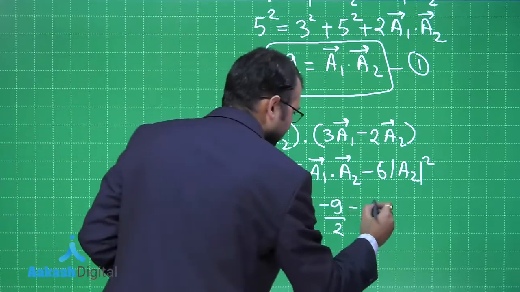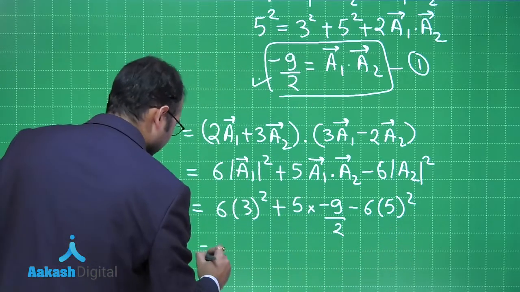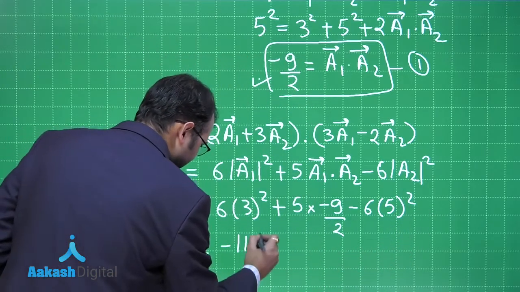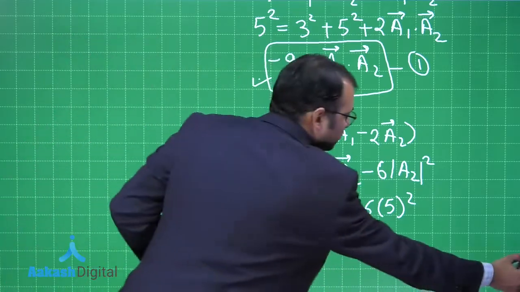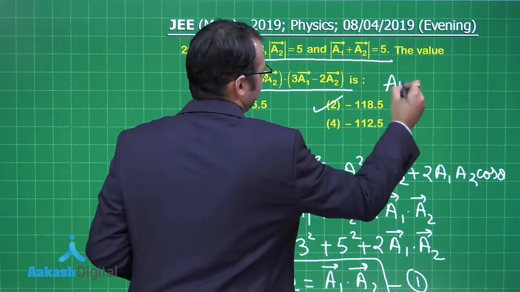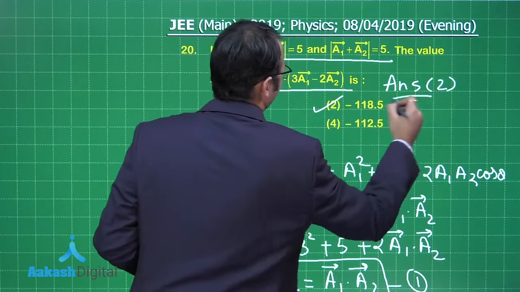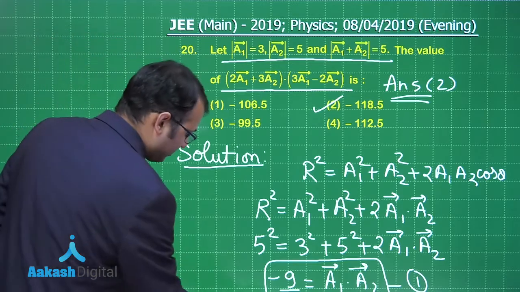And then minus 6 into 5 square. When you solve this, you will get minus 118.5. Let's see which is the best suited option. Among the 4 options given here, yes, option number 2 would be the right answer. I hope you have understood this one. Now let's take the next question.